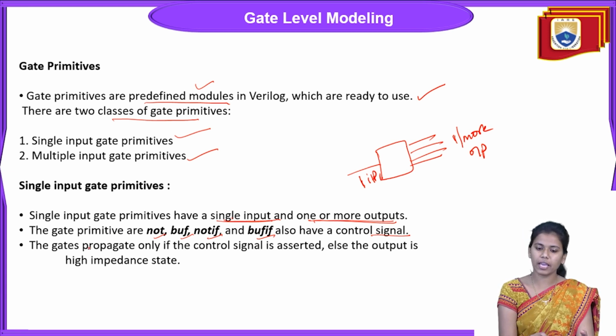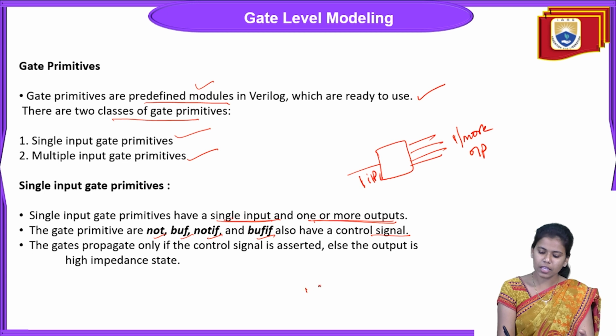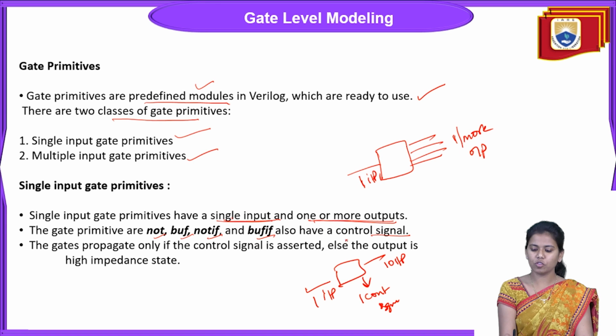These gate primitives have one input and one output. But in some cases, we see there is a single input, one control signal, and one output. Okay, so they have a control signal and one input. They may have 1 or 2 outputs.